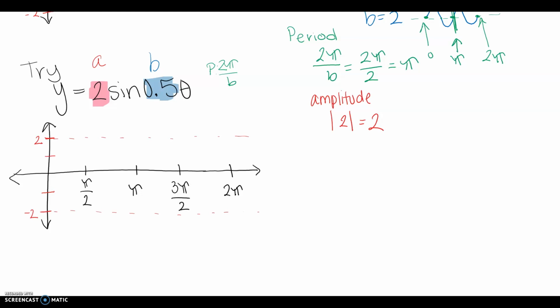So we can go all the way up to 2 and all the way down to -2. Okay, number of cycles, b equals 1/2. So we're only going to have half. We're not going to have this one. So we're going to have 1 up and down, 0 to 0.